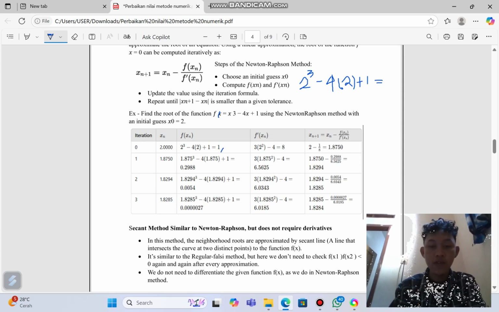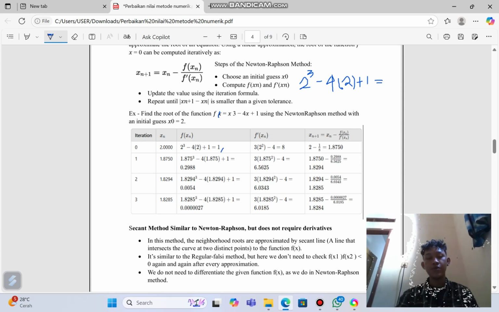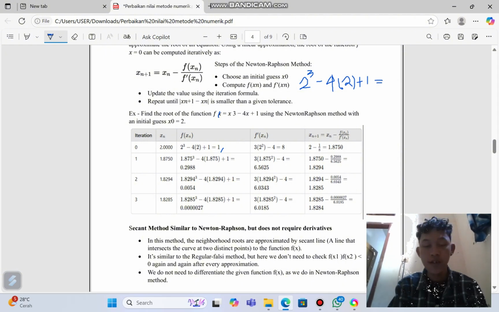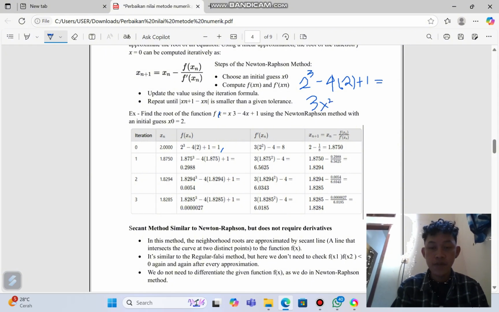And we have to find the derivative function, and we substitute the value like before. The derivative of the function x^3 minus 4x plus 1 is 3x squared minus 4.